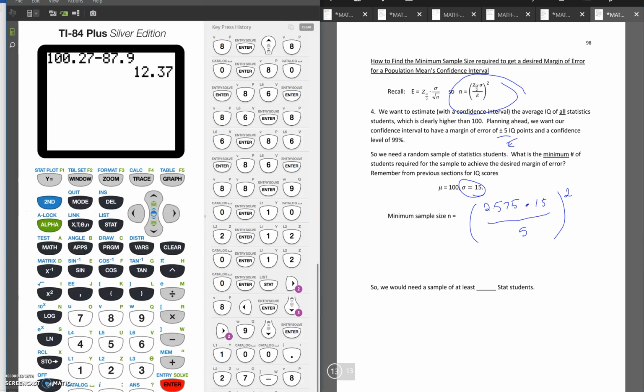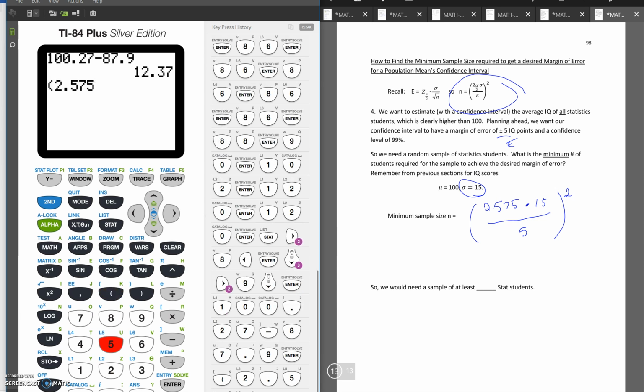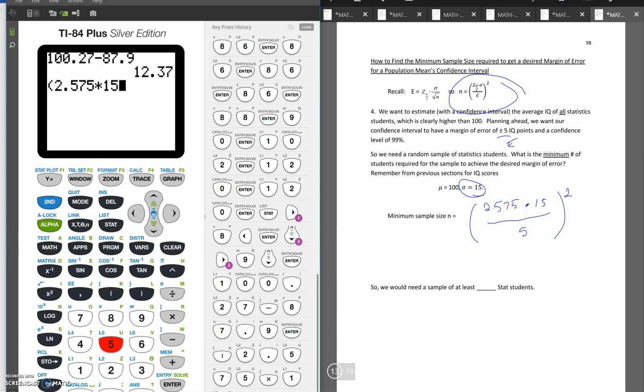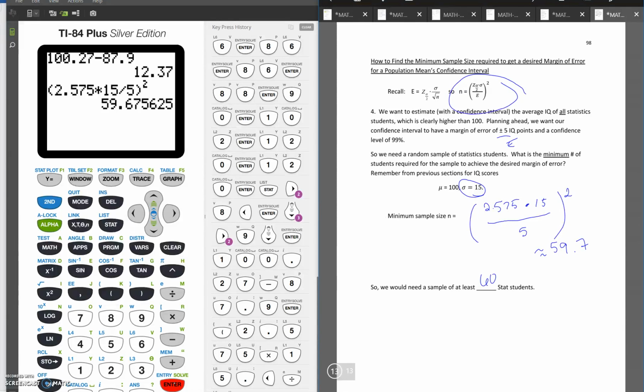So we're going to do that on the calculator. 2.575. Since we're squaring at the end, we will need to put parentheses around the whole thing before we square it. So here we'd get 59.6. And remember, we do always have to round up to the next number, so we have to sample at least 60 statistics students.